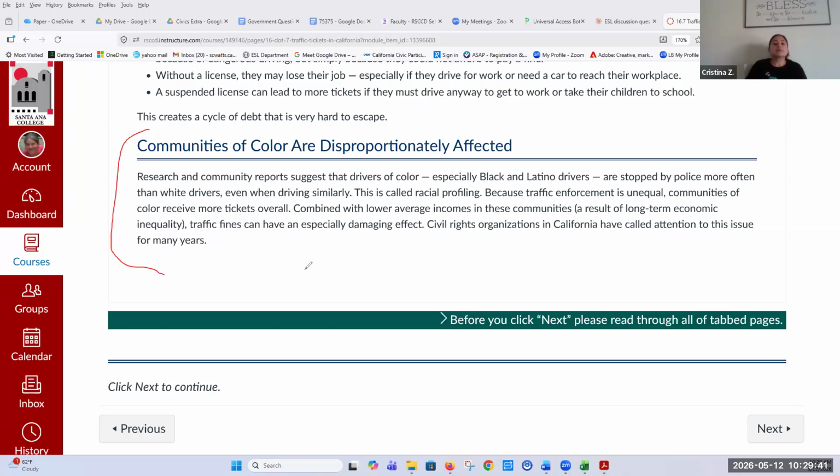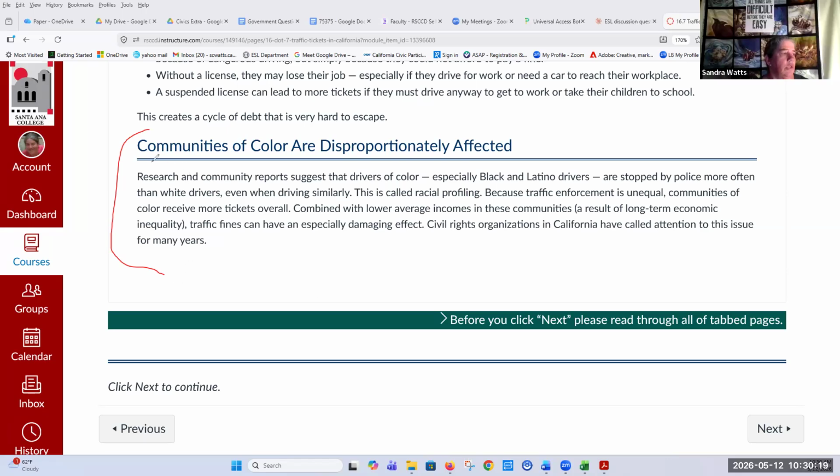Because traffic enforcement is unequal, communities of colors receive more tickets overall, combined with lower average incomes in these communities, a result of long-term economic inequality. Traffic fines can have especially damaging effect. Civil rights organizations in California have called attention to this issue for many years.